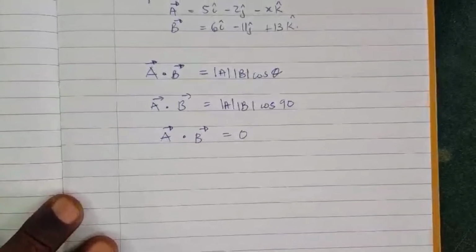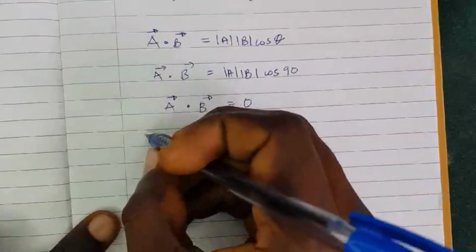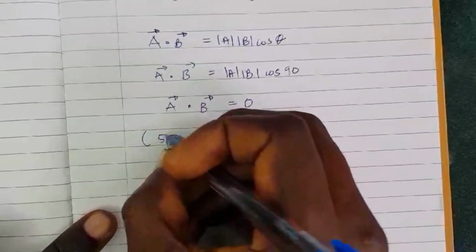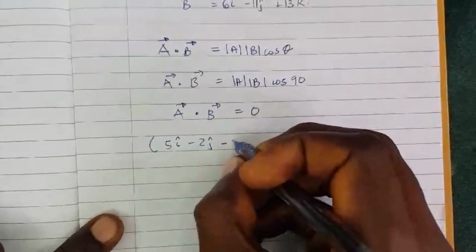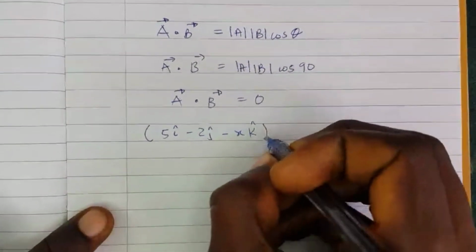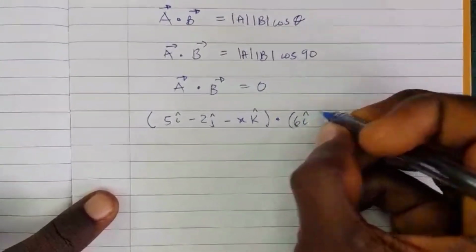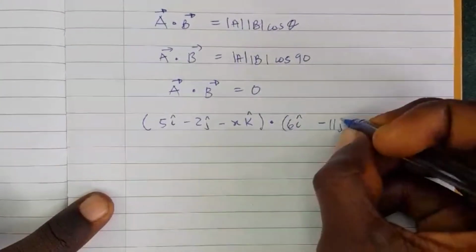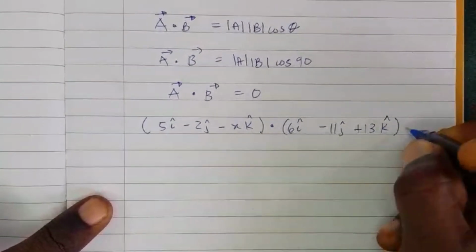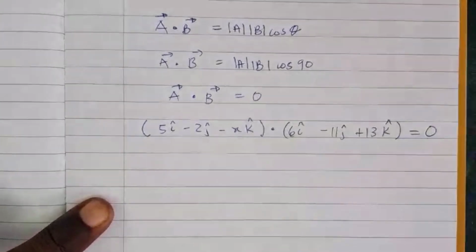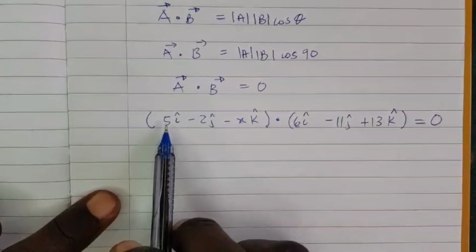Now let's compute A dot B. This is going to be 5i hat minus 2j hat minus xk hat dot 6i hat minus 11j hat plus 13k hat, and this should be equal to 0. How do we do this? In scalar dot product, we multiply the components.